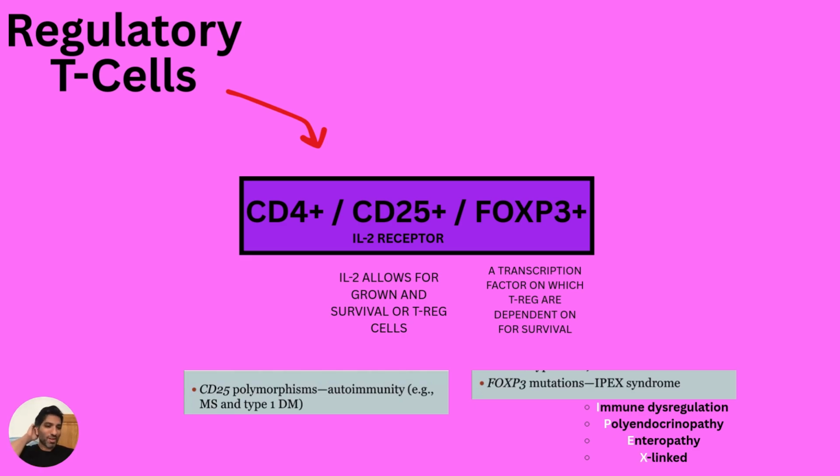I had to rememorize this when I was going through this lecture. I forgot it existed, but it's rare. But it's a good thing to memorize because it's an easy thing to test. IPEX syndrome stands for immune dysregulation, polyendocrinopathy, enteropathy, meaning you get diarrhea. Mainly, you're going to find it mostly in men.